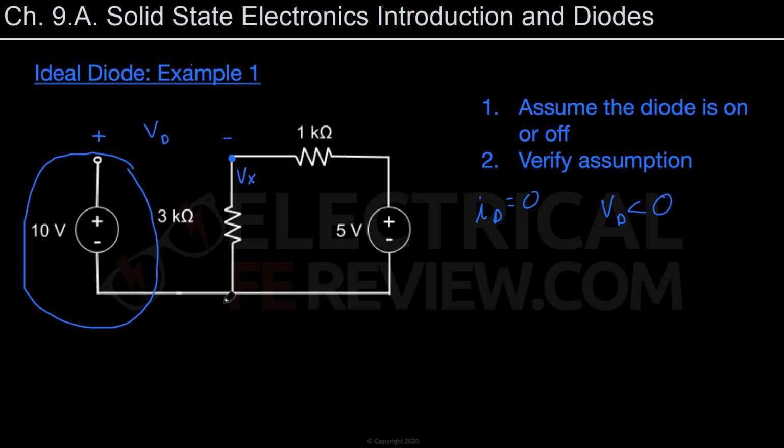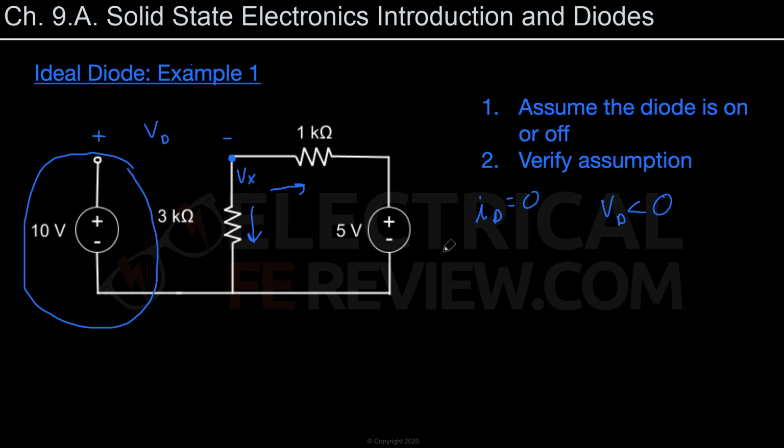So we can just find the voltage at this point using the 5 volt voltage source, the 1 kilo ohm resistor, and the 3 kilo ohm resistor all in series. And we use KCL to find the current going out in both directions, because the sum of those has to be set equal to 0.